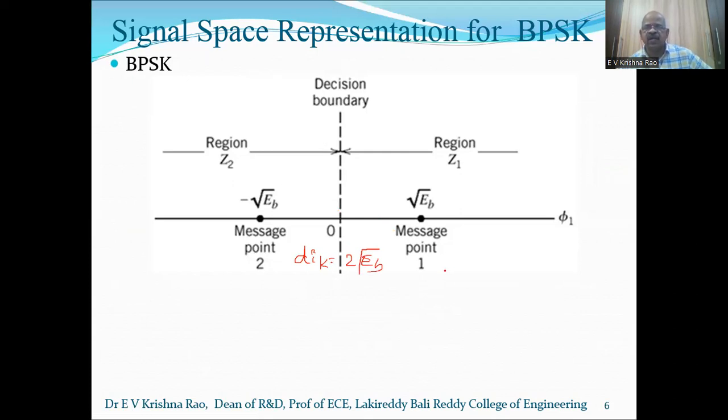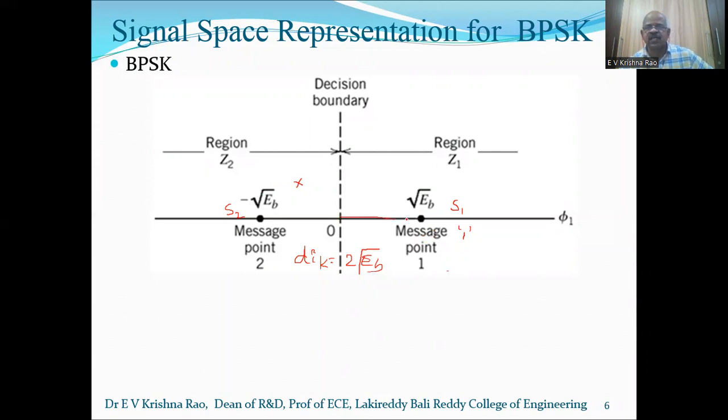Now binary 1, S1, is transmitted, and as long as the received vector is lying in the Z1 region, with threshold 0 at the bisection of S1 and S2, there is no error. If the received vector lies beyond the boundary when S1 is transmitted, then there is a possibility of error because of that much noise added here.